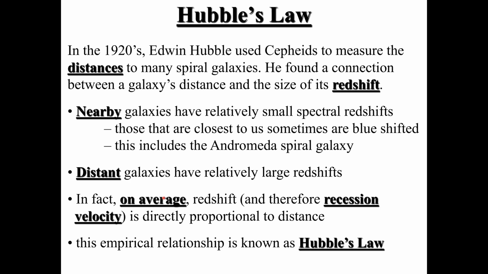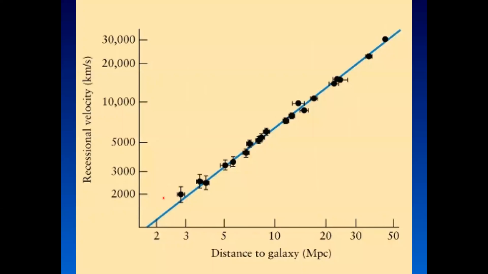Now, this relationship is what we now call Hubble's law, which is one of the major findings in the field of cosmology, right? So this is what Hubble found at this time. On the x-axis is the distance to a galaxy in terms of megaparsecs, and the y-axis is the recessional velocity of a particular galaxy.